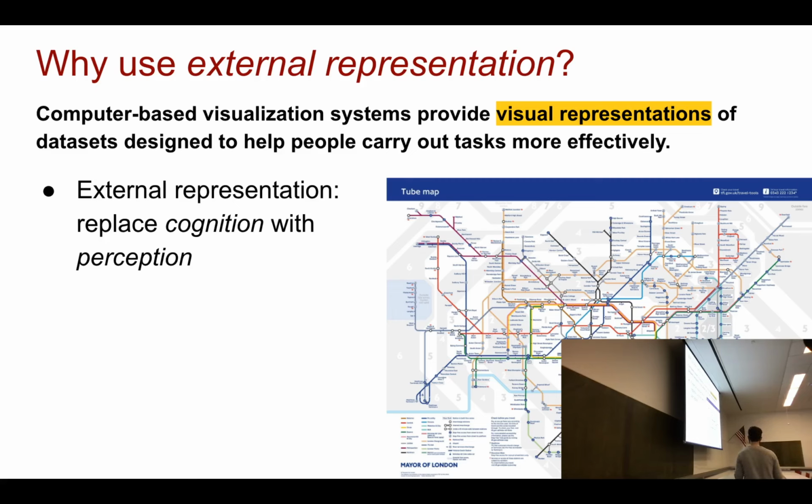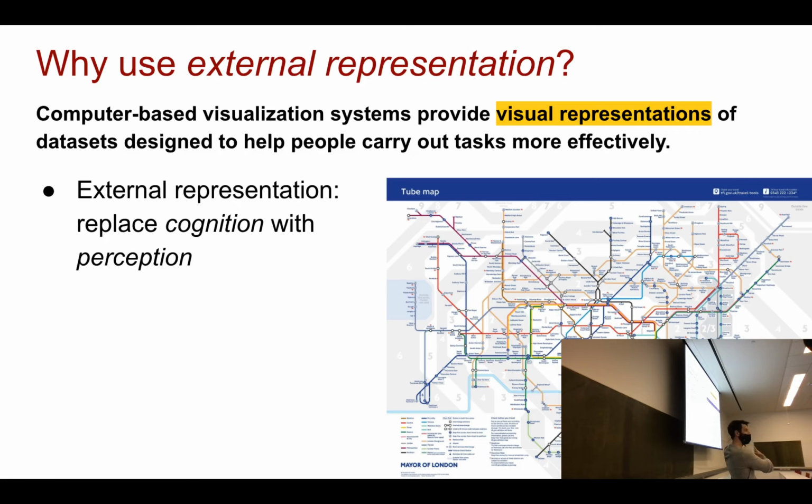Here's a visualization, a subway map, that illustrates this concept. If I want to go from point A to point B, I don't have to look at an Excel table of all the stops and figure out how to navigate. I can just look at the map and trace the path that'll get me from point A to point B. Next week, if I want to do that same trip, I don't have to remember the start and stop points.